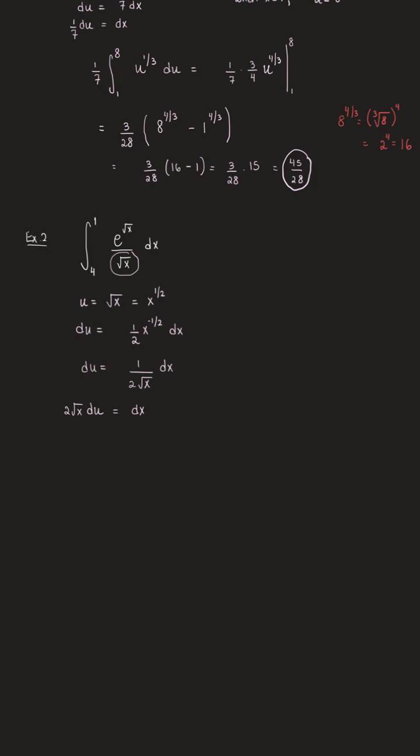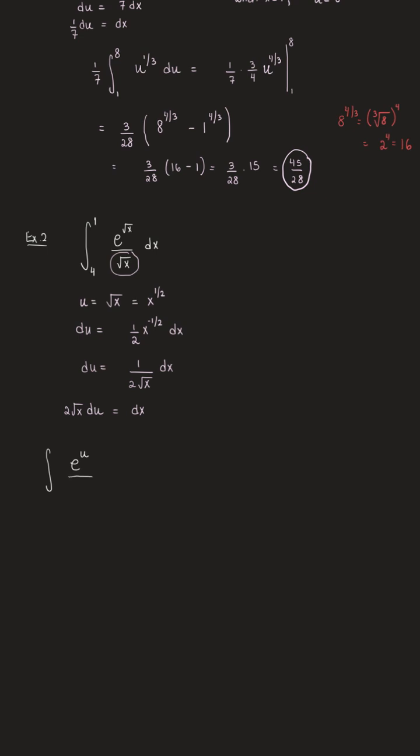All right, so let's go back to our original integral and try to substitute in what we have. I'll deal with the limits of integration in a little bit. We'll just deal with the integrand first. So we have e to the square root of x, so that means we have an e to the u power, since u is root x.